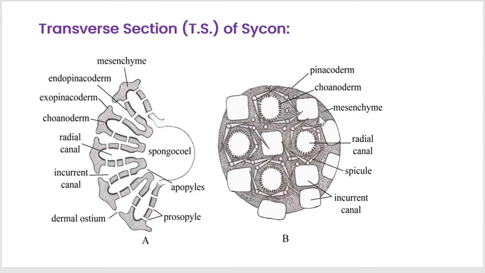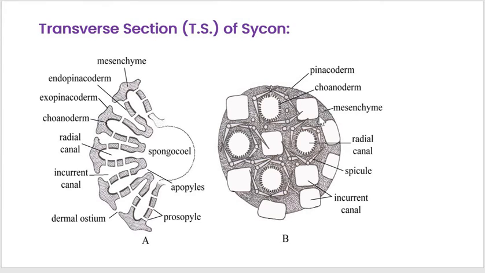Now we can see all the layers one by one. The first layer is the pinacoderm, which is formed by pinacocytes and is differentiated into exopinacoderm and endopinacoderm.